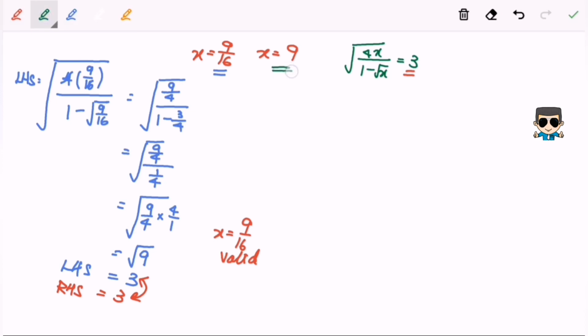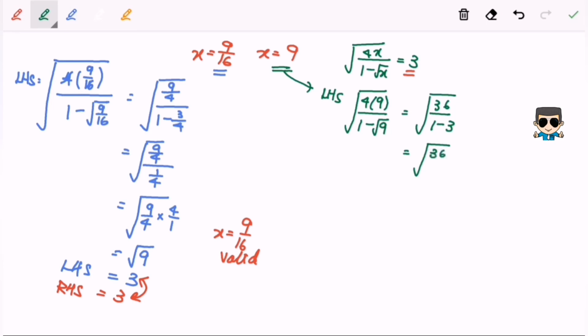Next, I'm going to test the value when x is equal to 9 by substituting into the left hand side. Square root of 4 multiplied by 9 over 1 minus square root of 9. So we will have 36 over 1 minus 3. We have square root of 36 over negative 2, which is square root of negative 18 after we simplify.